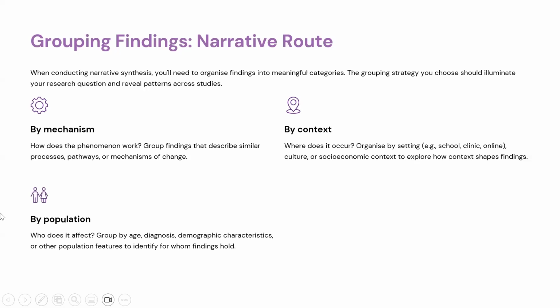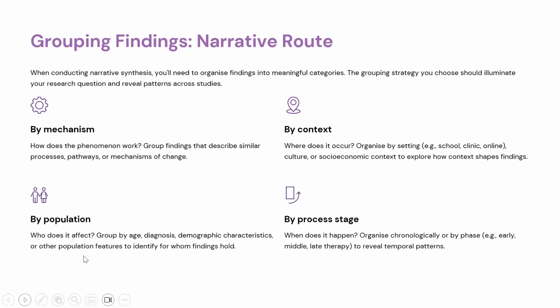By population, for example, who does it affect? The age group, the demographics, the diagnosis, or other population features to identify for whom the findings hold. And by process stage, so for example, when does it happen? Organized chronologically by phase, early, middle, or late, to reveal the temporal patterns.